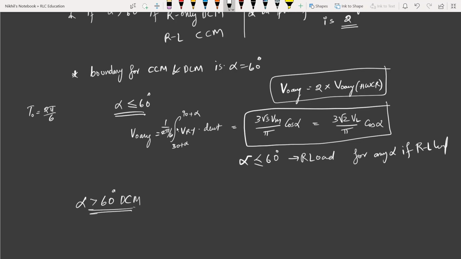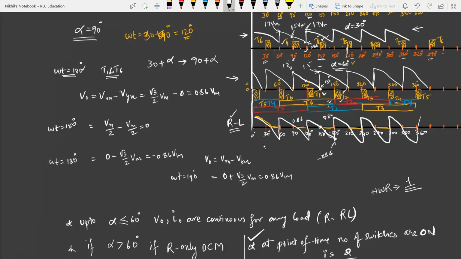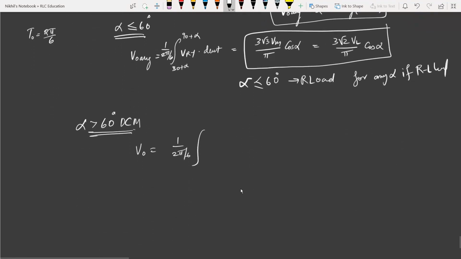The output voltage time period is the same, 2 pi by 6. We will see the limits of integration. Thyristor T1 has been triggered at some angle, 120 degrees, and it becomes 0 at 150 degrees, isn't it? After 150 degrees, because it is R load, it will become 0. So the limits of integration will be 30 plus alpha to 150 degrees, and again line voltage VRY into d omega t.